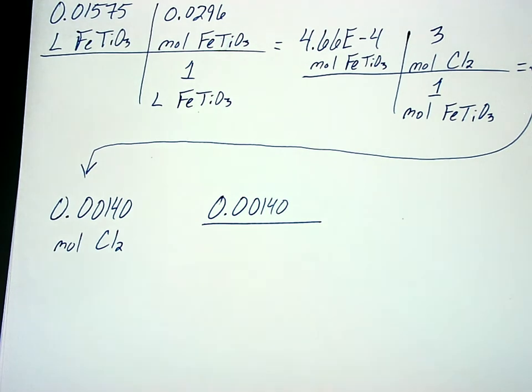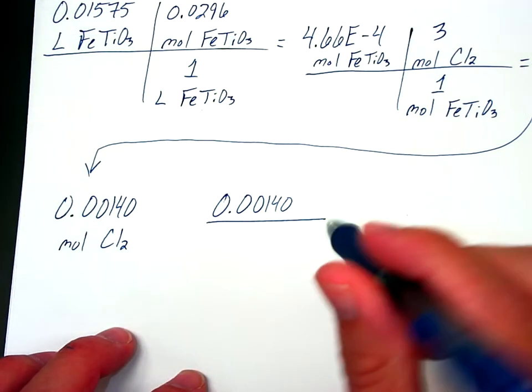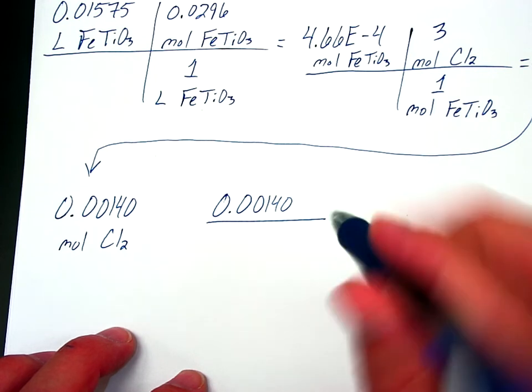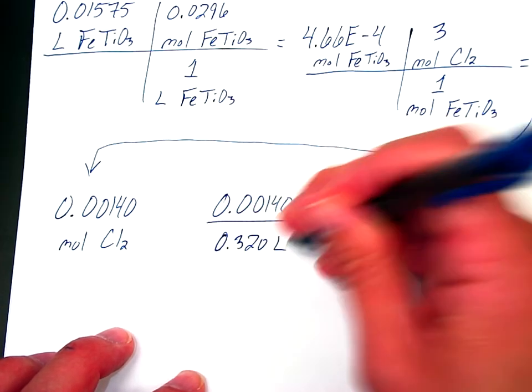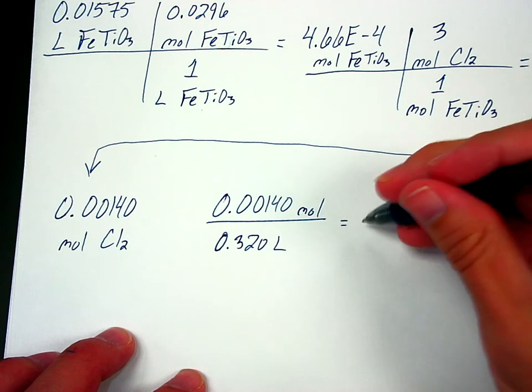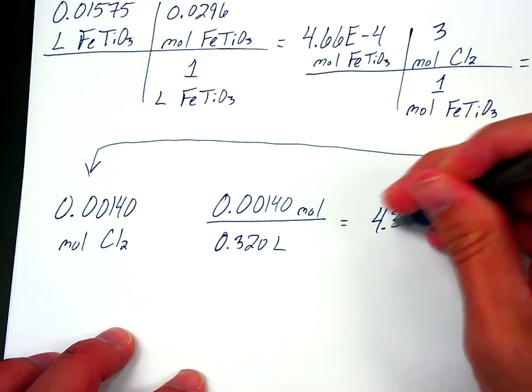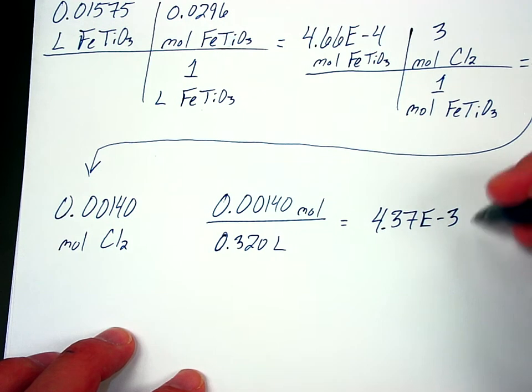Going back to the question, it says that the ending volume dealing with our sample is going to be 320 milliliters. So we're going to be dividing it by 0.32 liters, for a final answer of 4.37 E negative 3 molar.